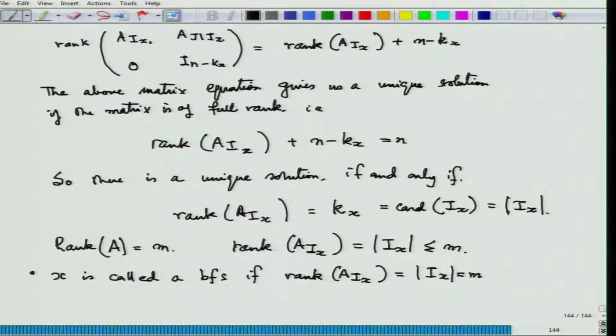Then rank of A_Ix would be Ix, but if this Ix is equal to m, then this is your basis matrix, A_Ix becomes the basis matrix. A_Ix is the starting basis, or just basis, the basis matrix.